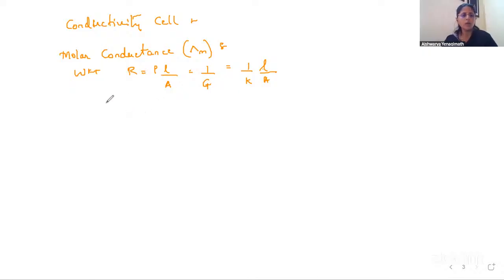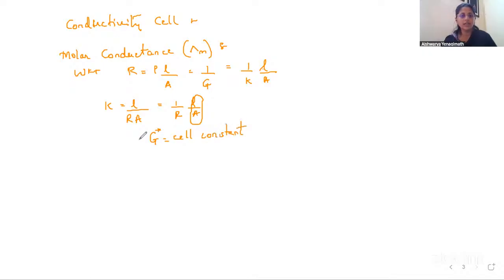Let's talk about normal conductivity. So kappa is equal to L by R into A. I can write this also as 1 by R into L by A. Now this L by A, the length between the electrodes and the area of cross section, remains constant, and that is my G star, the cell constant.